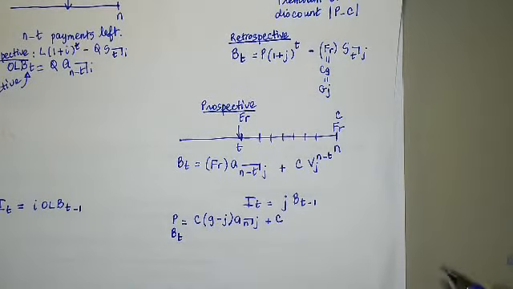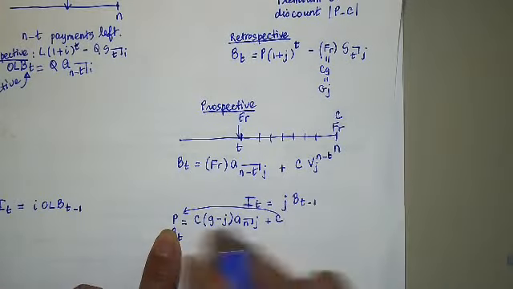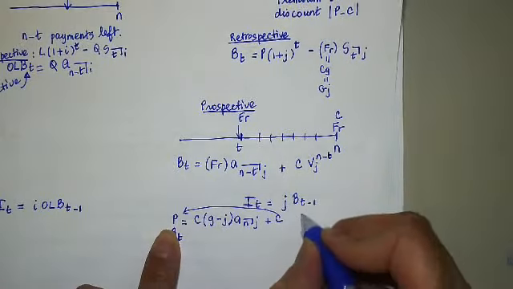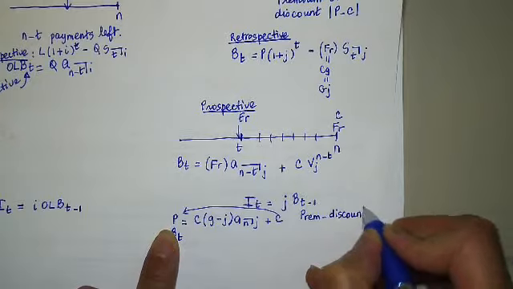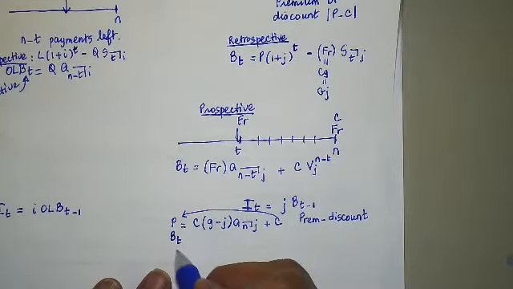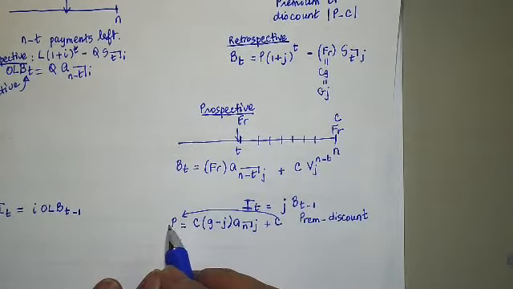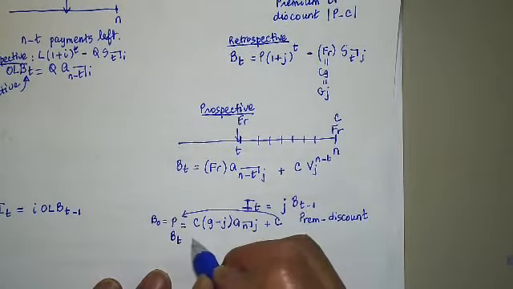Price is equal to C G minus J A angle NJ plus C. What is the name of this formula? Where am I pulling this formula out of? Premium discount. Premium discount. Remember, if you bring this C to the other side, you get the amount of the premium. So this is premium discount.